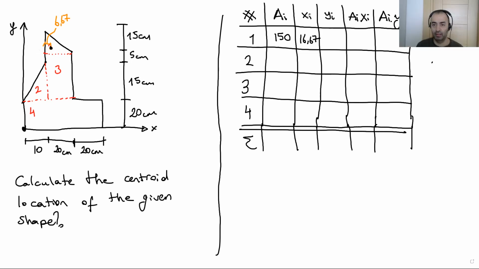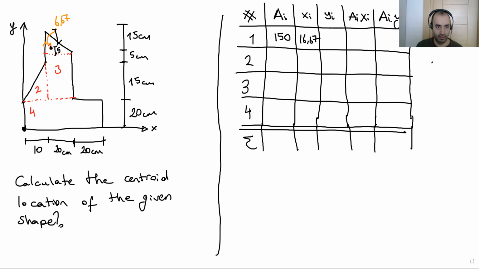Okay, we did xi. Let's do the yi. Again, we are in this triangle. We are going to use 1/3 rule. The total is 15. So divide this 15 to 1 and 2 here. This part is 5.